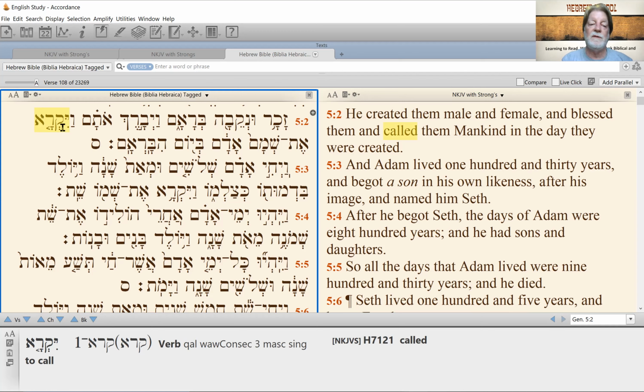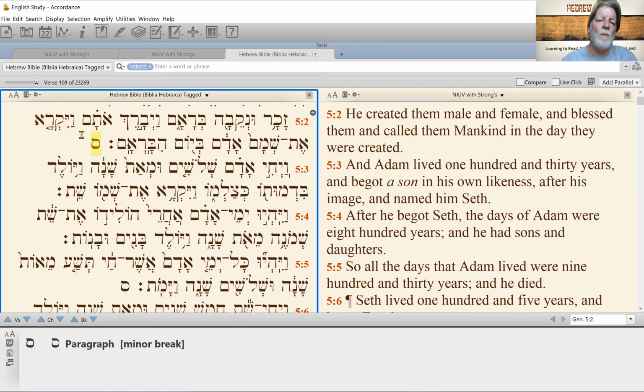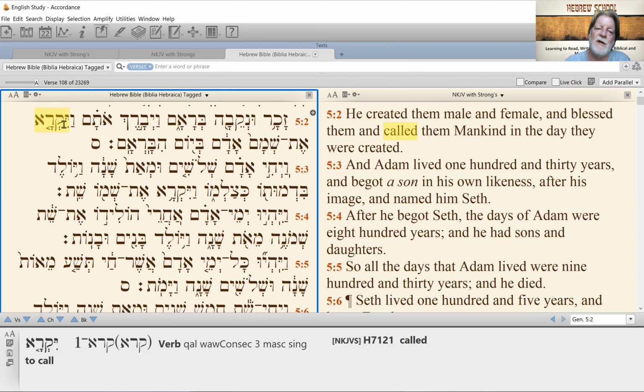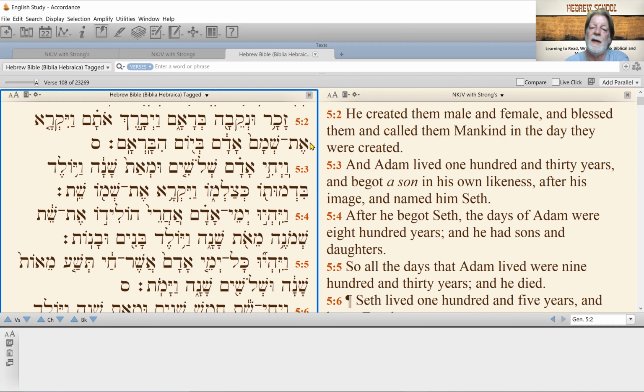Just let the context determine that. The context in Hebrew determines so much. So even though this is an imperfect form, because it's vav consecutive, the meaning of it is completed action. So God called, not he was calling, but he called it, direct object indicator, shamam.